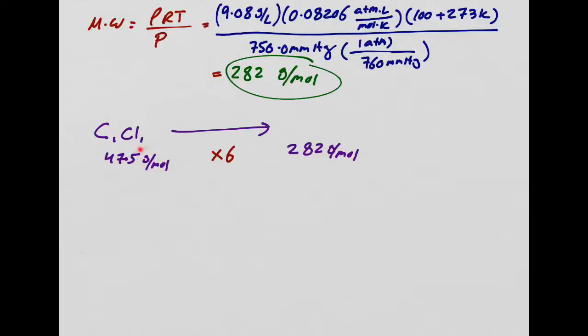To get from the simplified to the actual, I had to multiply everything by 6. So what is my molecular formula? It would be C6Cl6. That would be my molecular formula. This was a good problem. We did gases, and we did a little reminder of molecular formula and percent composition.